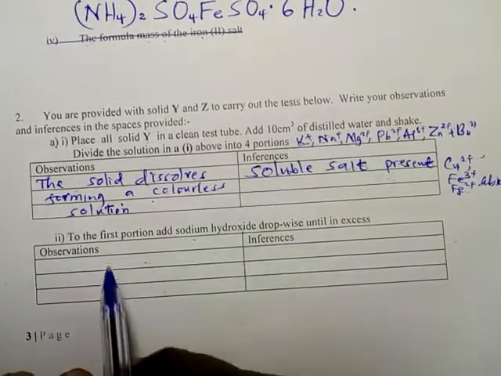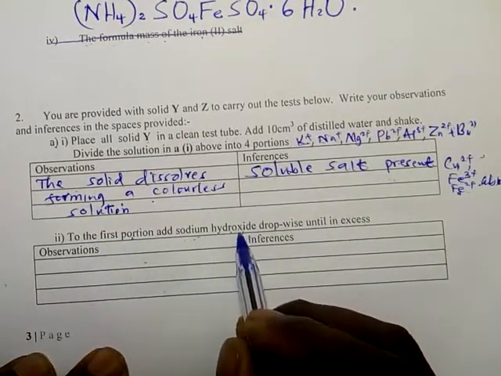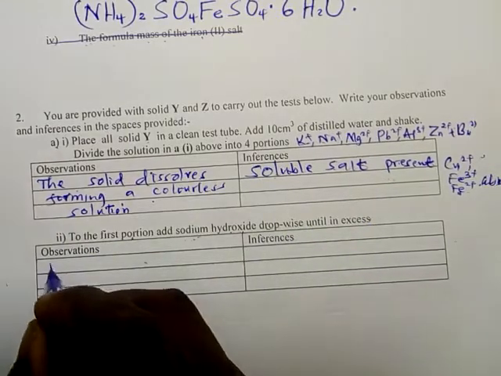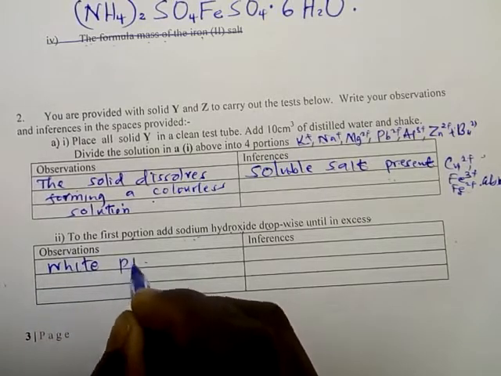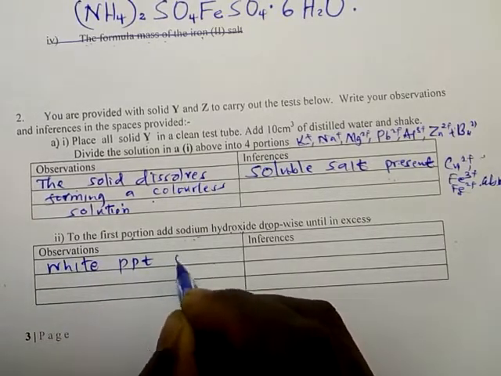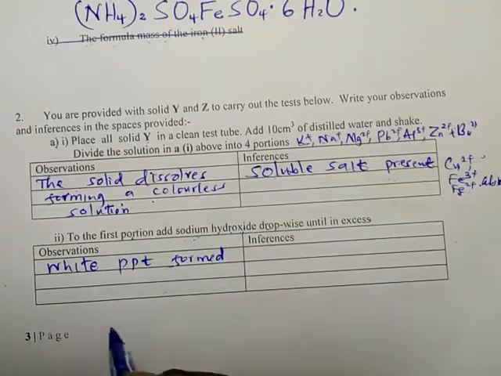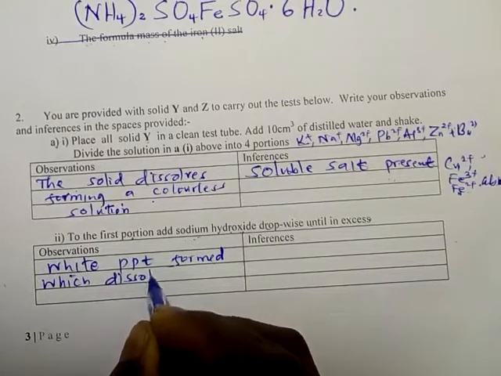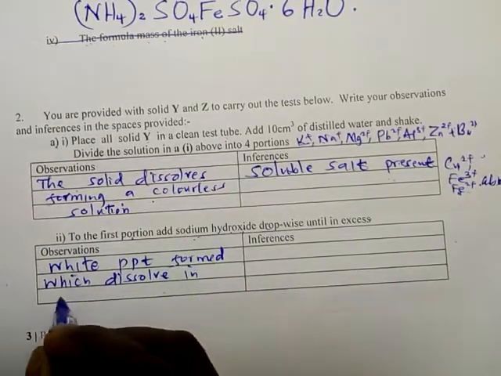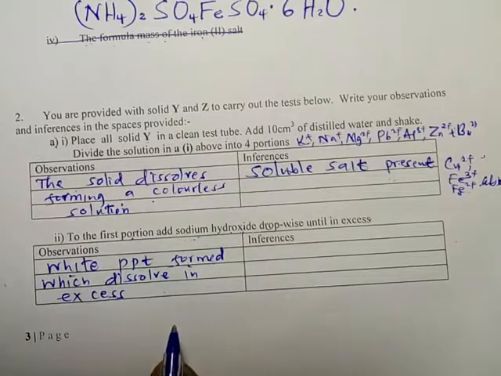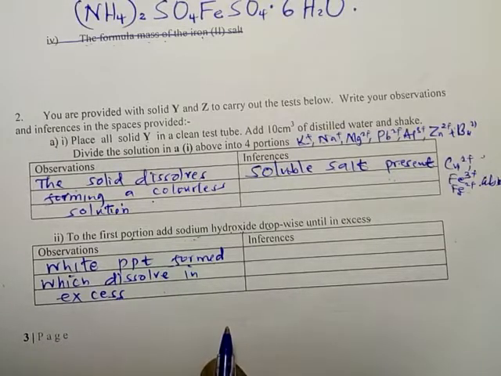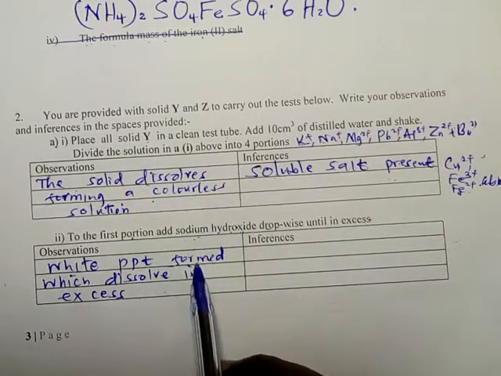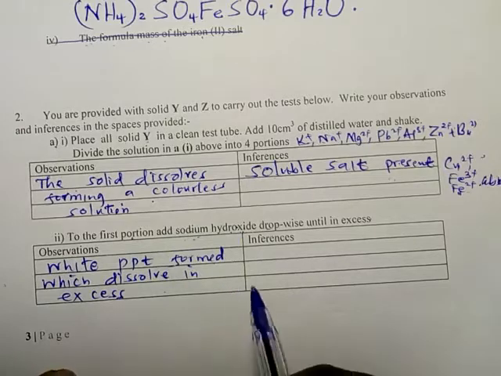To the first portion, add sodium hydroxide dropwise until in excess. Observation: a white precipitate is formed, which dissolves in excess. We are adding a base, sodium hydroxide, and the precipitate dissolves, so it is one of the amphoteric ions.